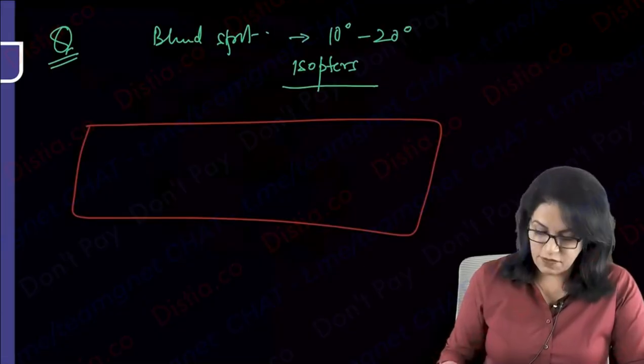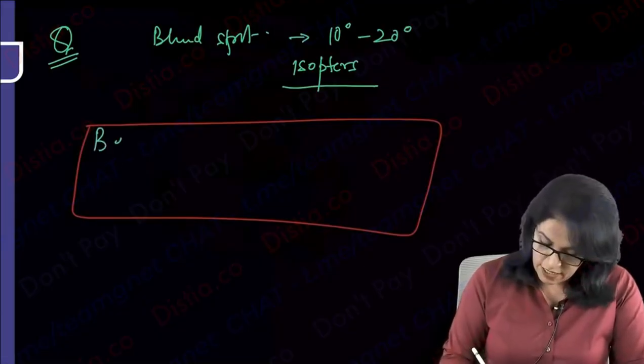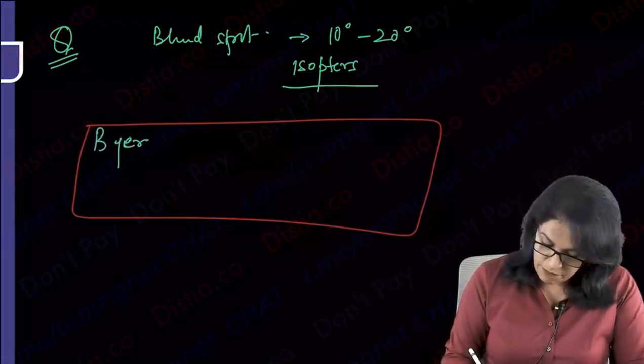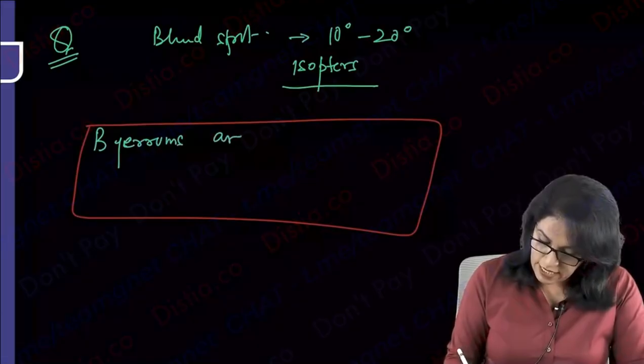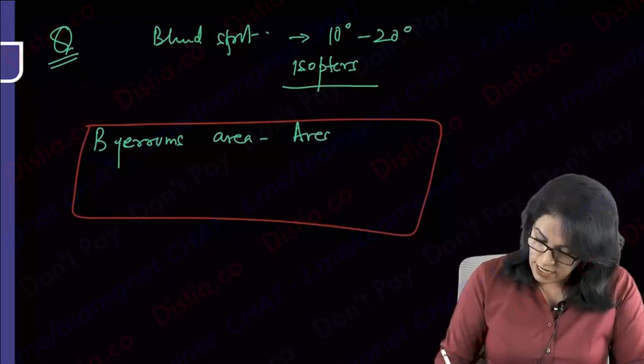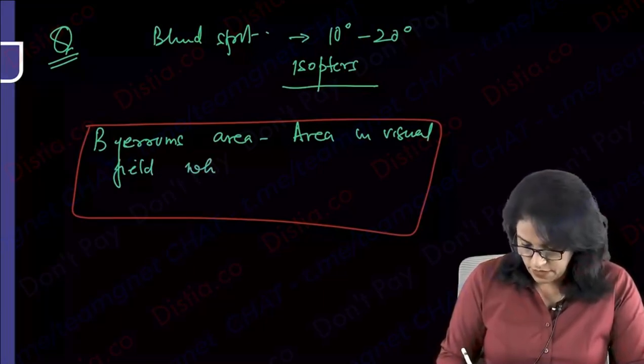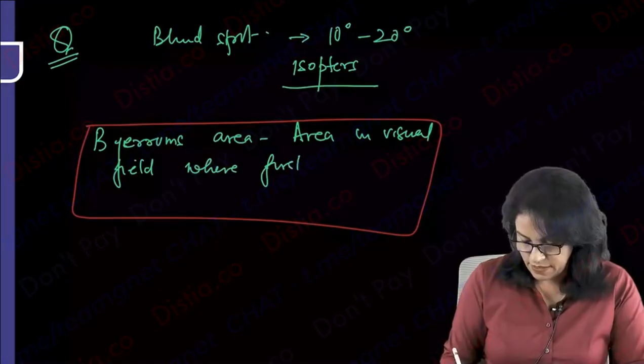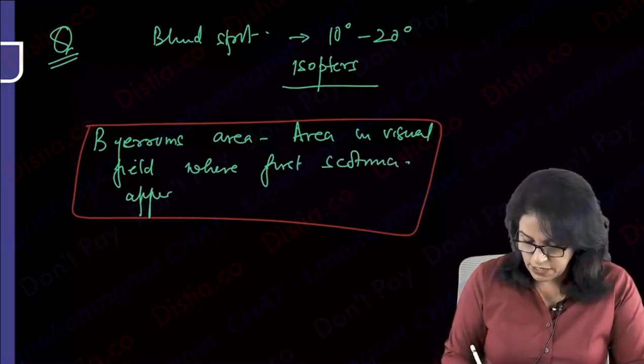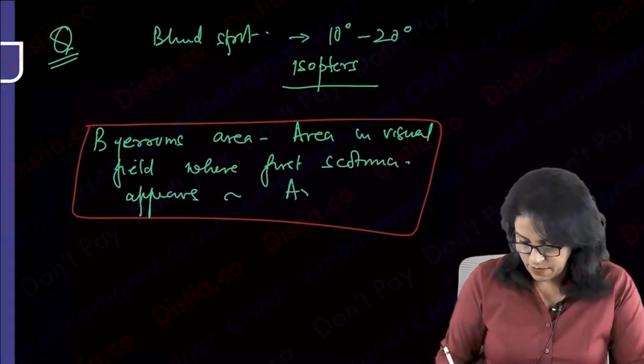All of you, let's first understand what Jerum's area is. So write Jerum's area. Jerum's area is the area in the visual field where the first scotoma appears, isn't it? And this first scotoma which appears corresponds to arcuate fibers.